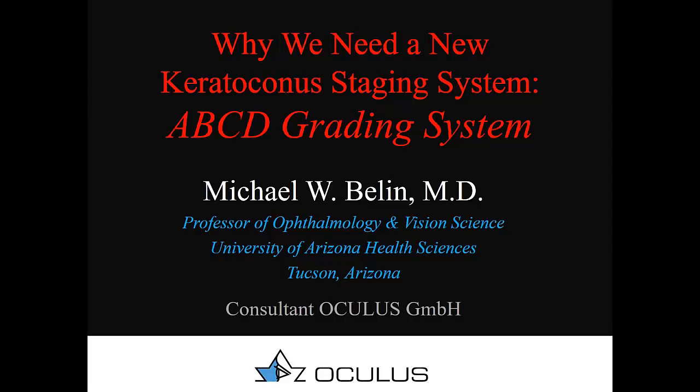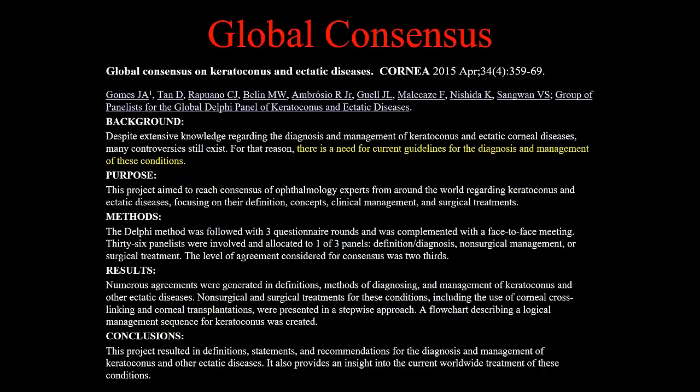So I'm going to go into now a little bit about the ABCD classification or ABCD grading system, which has been out now for probably at least a year. In April of 2015, it's actually over 2 years ago now, there was an article in the journal Cornea, and this was actually a consensus document of the 4 multinational corneal societies: the Cornea Society, Asia Cornea, Pan Cornea, and EU Cornea.